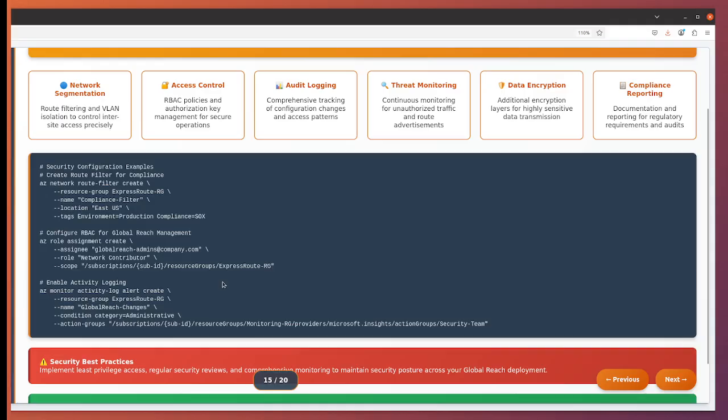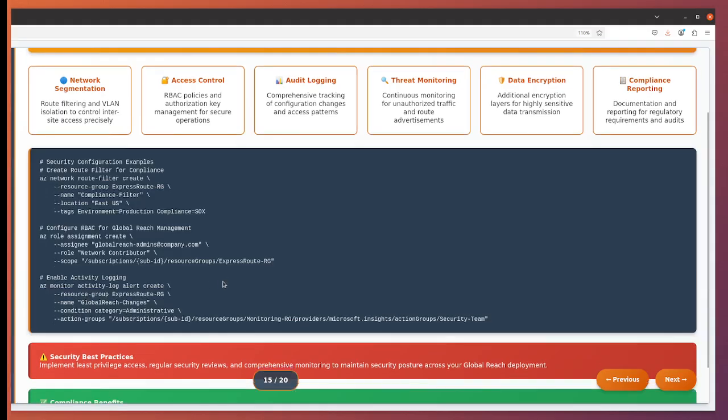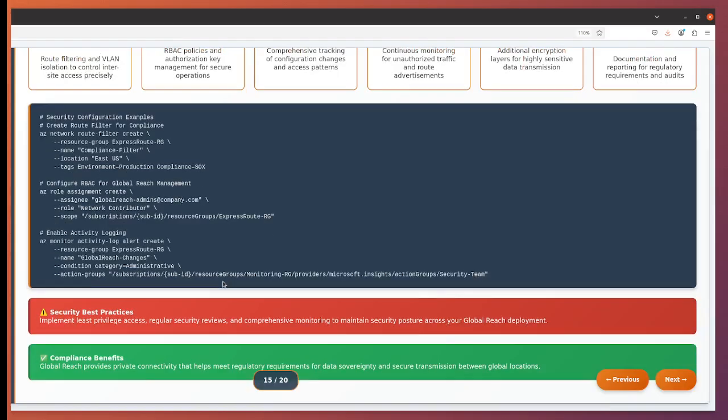While Global Reach traffic traverses Microsoft's backbone securely, you may need additional encryption for highly sensitive data transfers. Monitor for unauthorized route advertisements or unexpected traffic patterns that might indicate security breaches or configuration errors. Regular security reviews should include Global Reach topology assessment, authorization key rotation procedures, and validation of route filtering effectiveness.